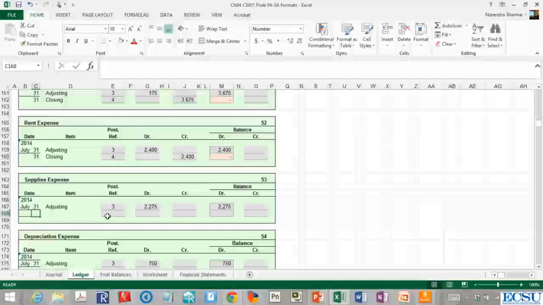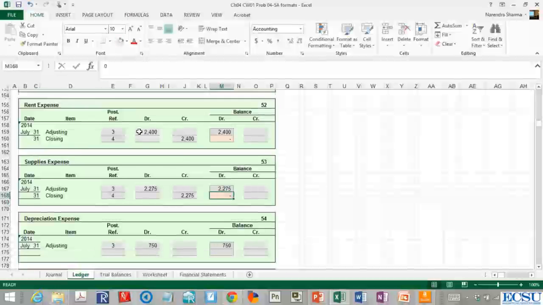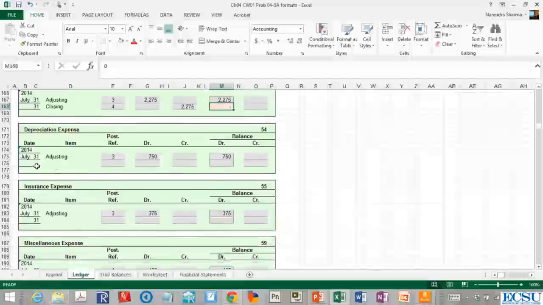Next is the supply expense. Supply expense will be closing page number 4, and a credit of 2,275, therefore this will be 0 and balanced out as 0. Okay, that's supply expense. Depreciation expense also the same thing, 31.